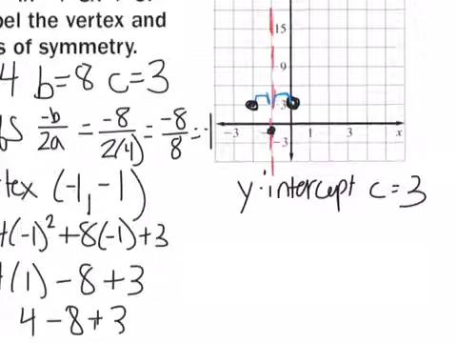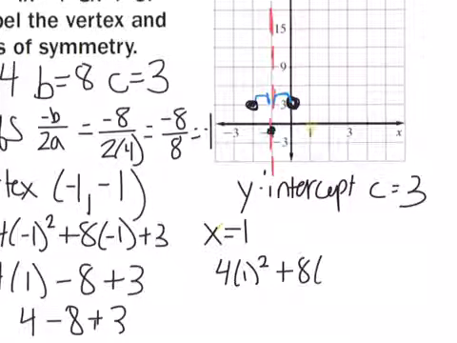Okay, and now this one again, you didn't have a point in between. So I need to pick the next best number, which again for this case, if you can choose a positive, so my next positive number is 1. So I'm going to plug in x equals 1 into my equation. Which when I plug that in is 4 times 1 squared plus 8 times 1 plus 3.